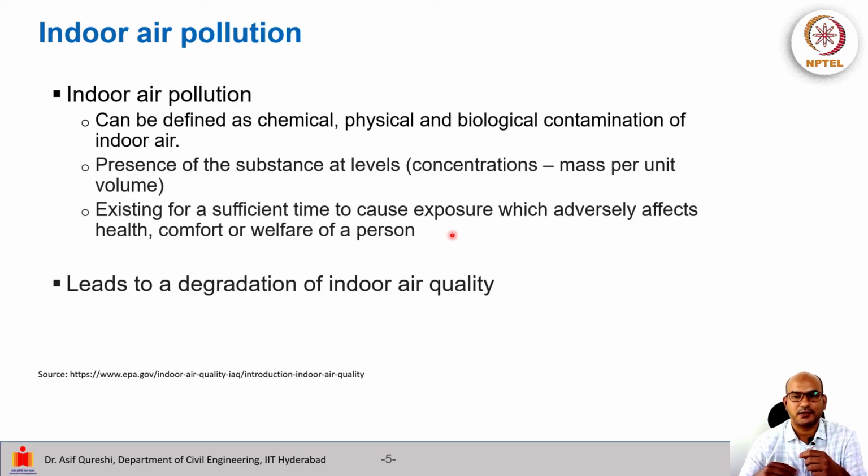So you know that the contaminant is present at a high level, and it is there for enough time for us to breathe it in sufficient amounts that it causes a health implication. So this kind of situation leads to a degradation of the overall indoor air quality.